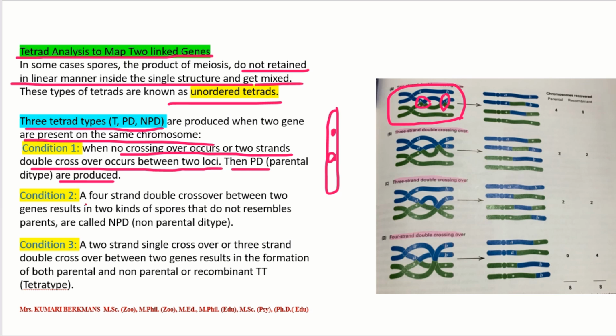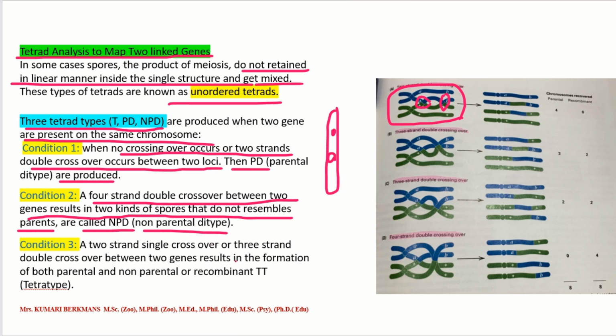Next one, condition 2: a four strand double crossover between two genes results in two kinds of spores that do not resemble the parent. Here they resemble the parent, but here they do not resemble the parent. So why is it called NPD, that is non-parental ditype? Non-parental ditype. What is that?